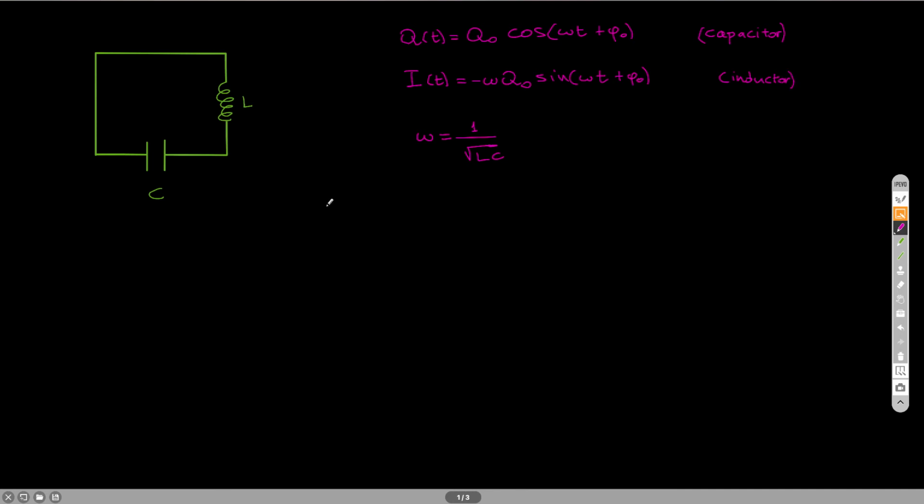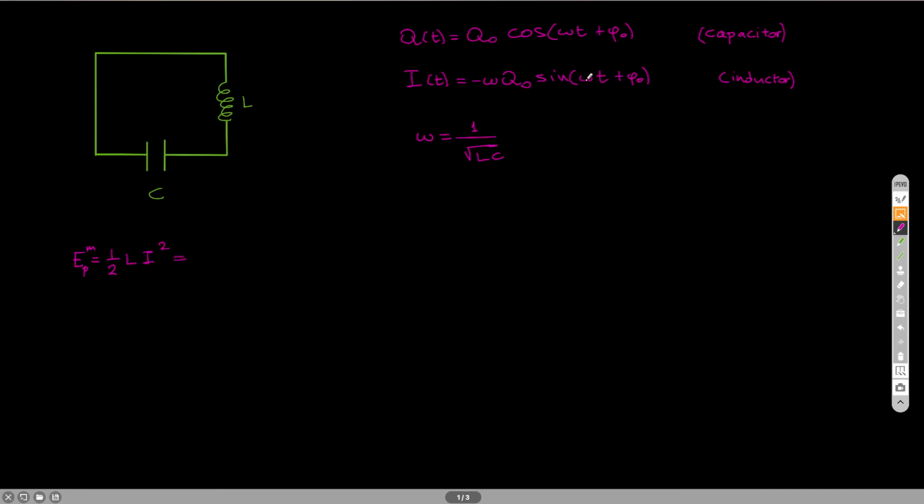Now I'm going to start with the inductor. I know that whenever there is a current flowing in the inductor, there is energy stored in the magnetic field that the inductor creates. So the expression for the potential energy of the inductor, this is magnetic potential energy, is given by 1/2 the self-inductance times I squared.